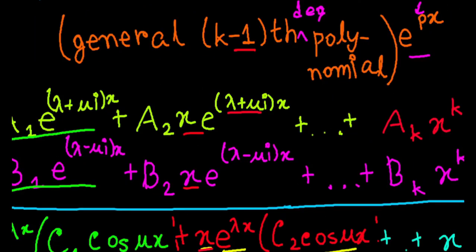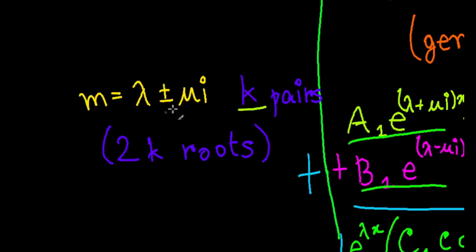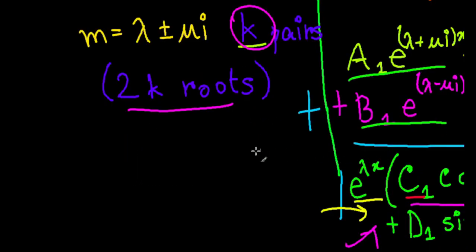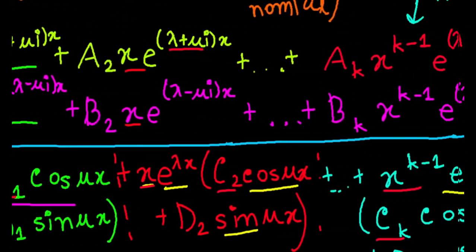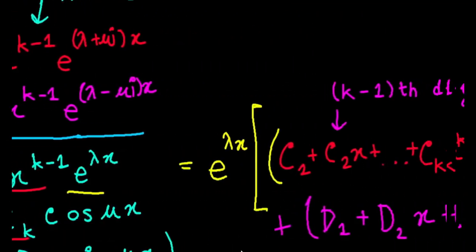And if you have complex conjugates, complex solutions come in conjugate pairs. If you have k such pairs, which means you have 2k roots. And actually, by the way, this was one thing I almost forgot, but we needed to verify. If you have 2k roots here, this needs to contribute 2k arbitrary constants. So let's see if it does that.